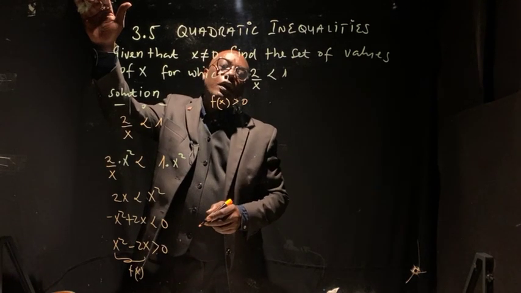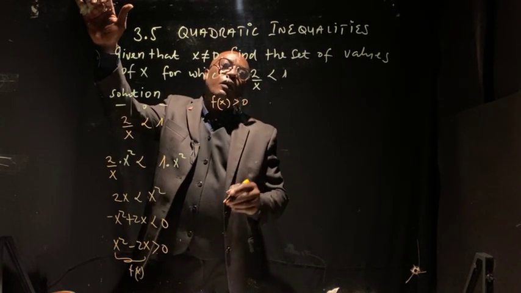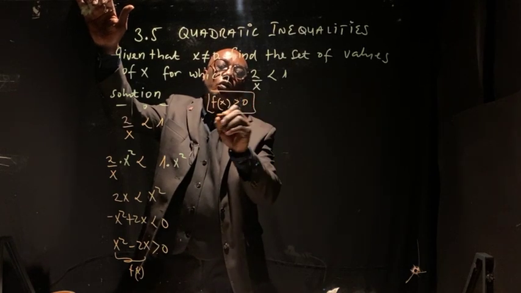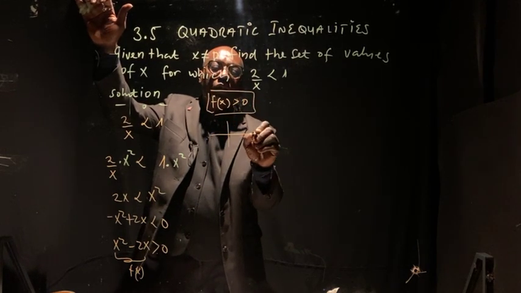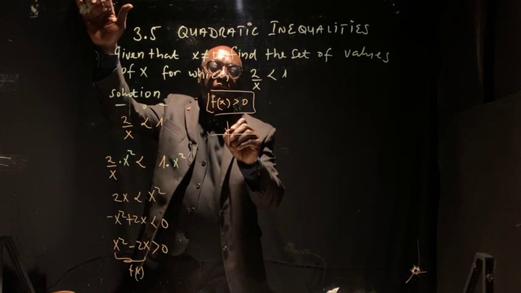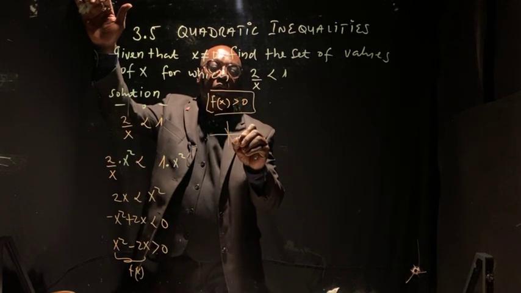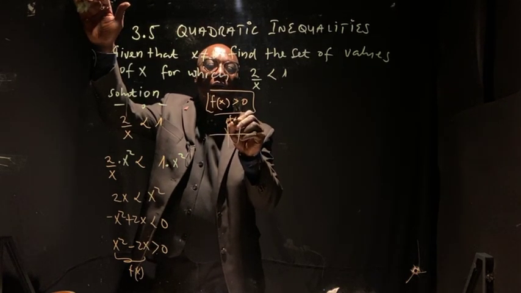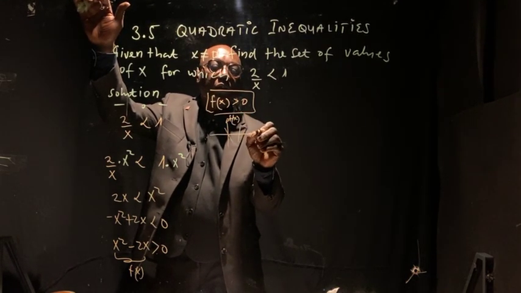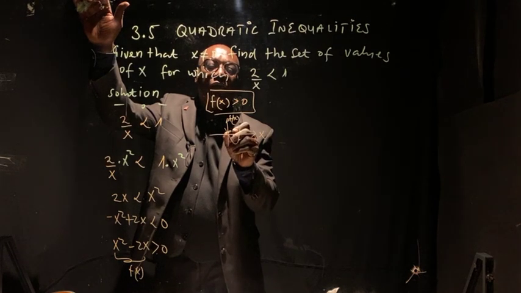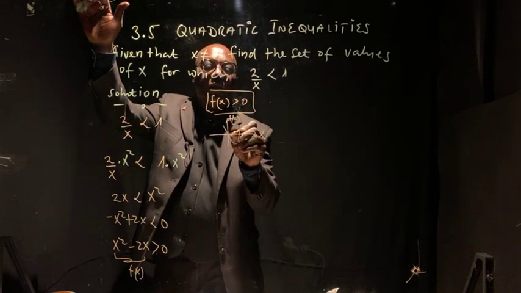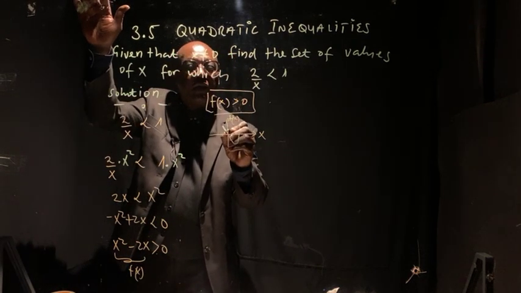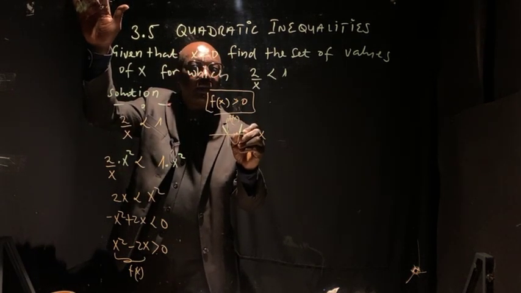Then what kind of curve do you think we can have? If we have a quadratic curve where f of x is equal to 0, then assuming the quadratic curve will be like this, then when f of x is greater than 0 will be that portion of the graph above the x-axis, this point.